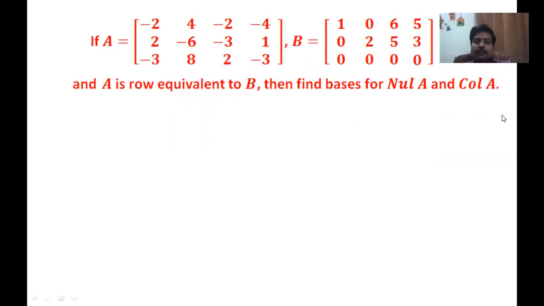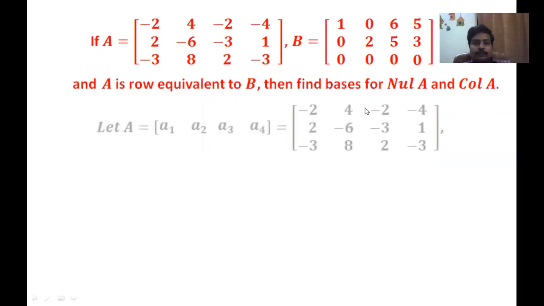So the echelon form is readily given to us. For convenience, let us name the columns. Let A be equal to the matrix of A1, A2, A3, A4, which is the given matrix, so that A1 is the first column, A2 is the second column, and so on.